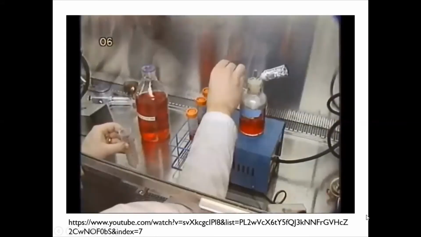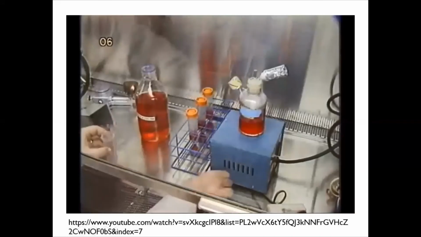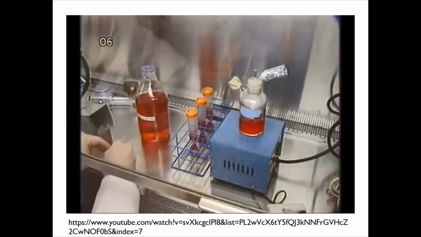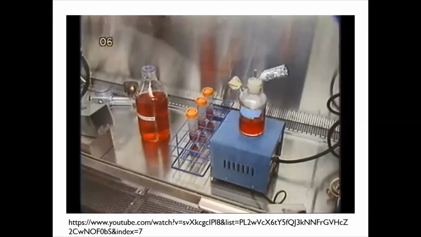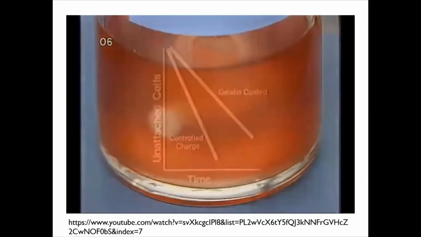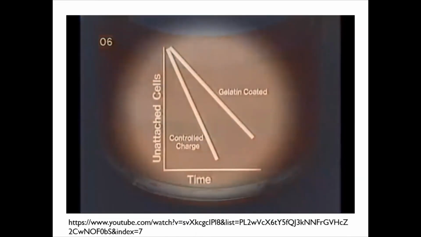Many factors may affect the kinetics of cell attachment to microcarriers, such as cell types, microcarrier types, trypsinization procedure, and even the cultivation conditions of the seed culture. The kinetics of cell attachment can be followed by the disappearance of unattached cells in the supernatant. In general, cells attach to controlled charge microcarriers at a faster rate than to gelatin-coated ones.